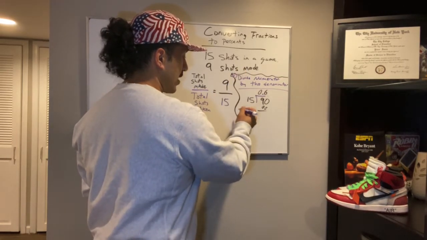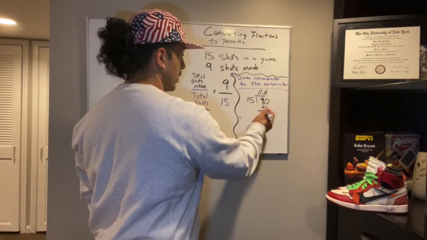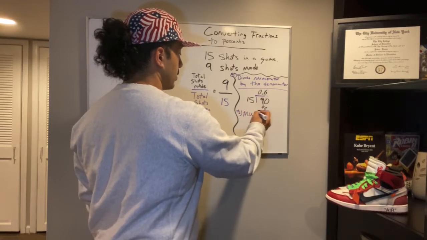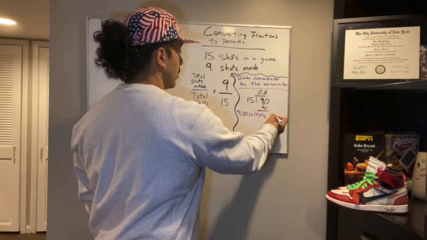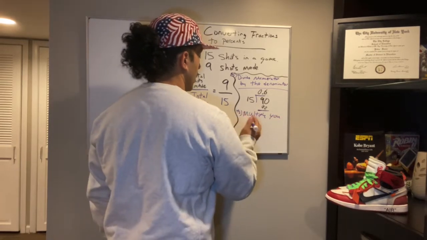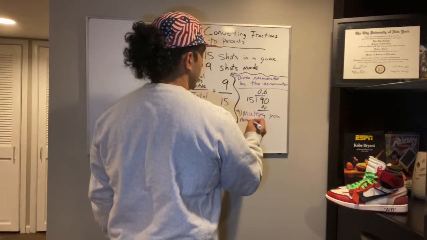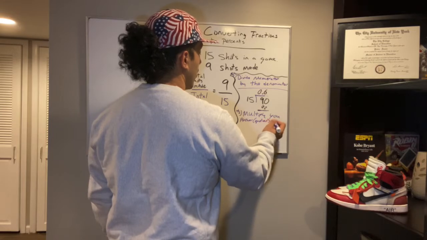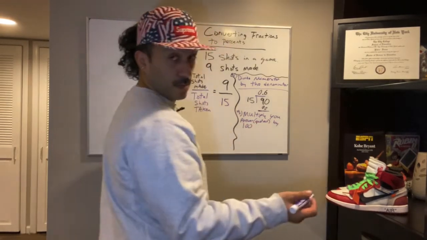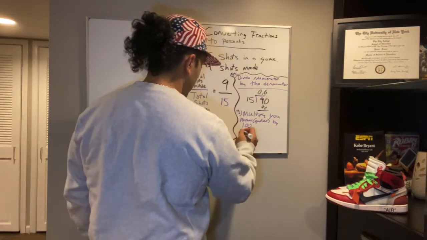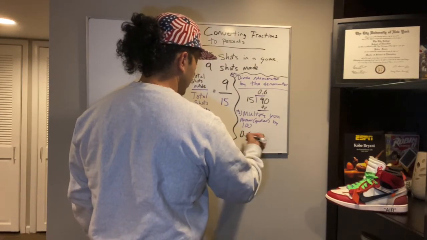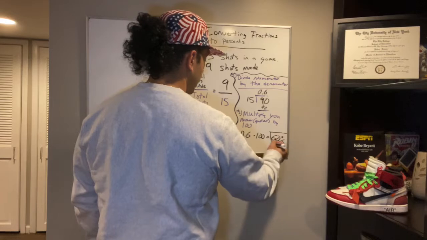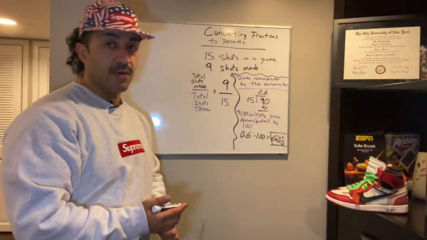Step 2 is to multiply your answer, in this case the quotient, by 100. So 0.6 times 100, or 6/10, equals 60%. So in this situation, Maurice made 60% of his shots.